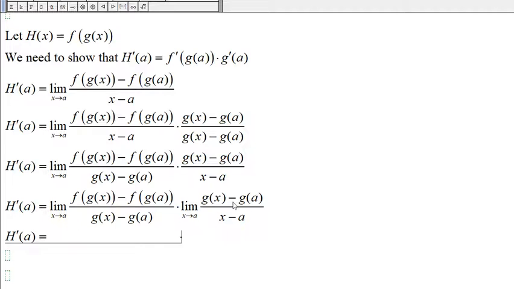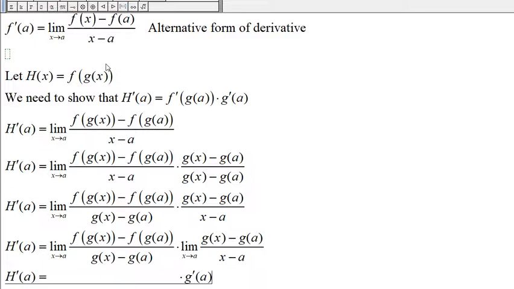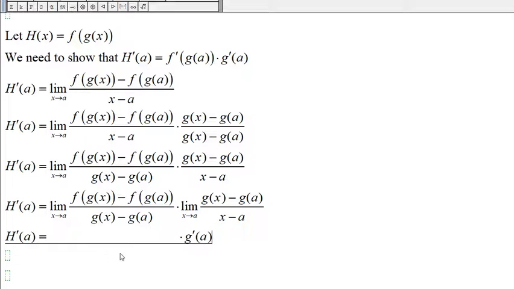This right here is just g prime of a, by the alternative form of the derivative. It is the limit of g of x minus g of a divided by x minus a as x approaches a, and by the alternative form of the derivative, this is g prime of a.